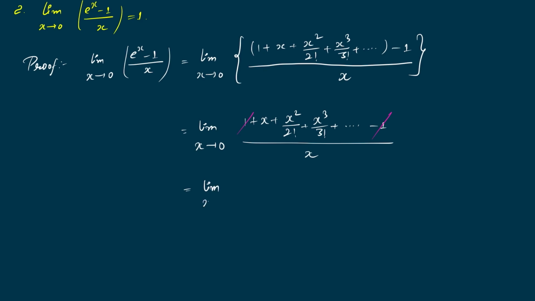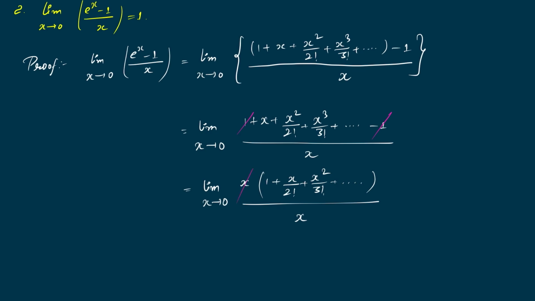So we will be remaining with limit x tends to 0. Now as you can see in this numerator, each and every term has x, so we will take x common. If I take x common, it will be 1 plus x by 2 factorial plus x square by 3 factorial plus up to infinity, whole divided by x.